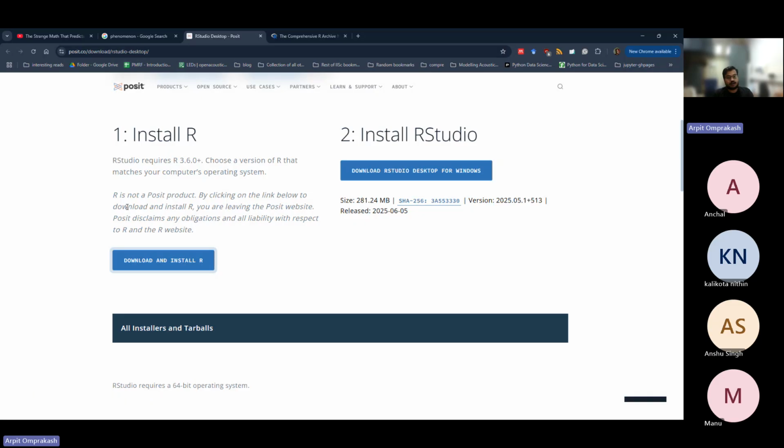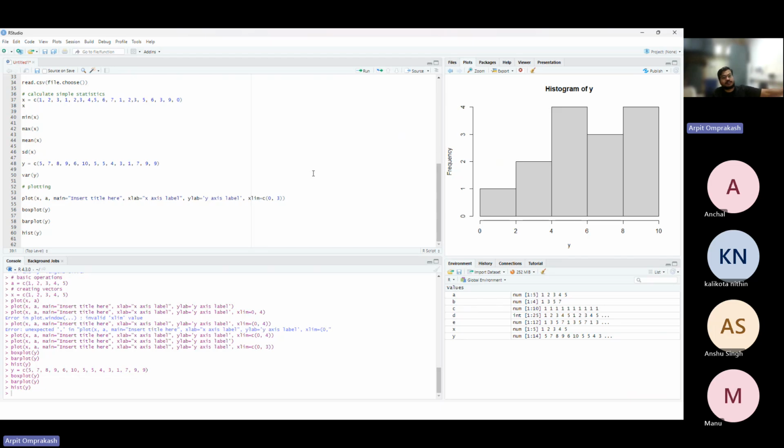So once you have installed R, then you need to install RStudio. After that, once you open RStudio, it should look somewhat like this if you are on the latest version. The one shown in the video, in the first class, might not be the latest one. And this also might not be the latest, but it is one of the more recent ones.